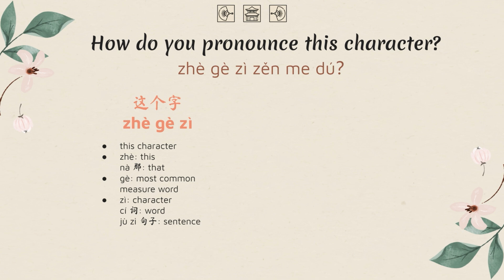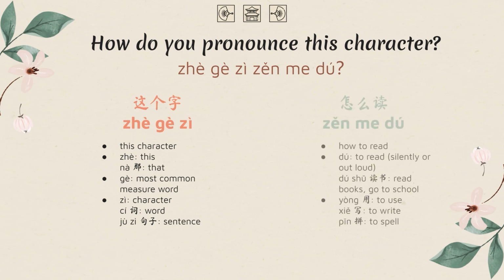If you're referring to a word that has maybe 2 or 3 characters, you can use 词. So 这个词, this word. Or 句子. 句子 is a sentence. So 这个句子, this sentence.